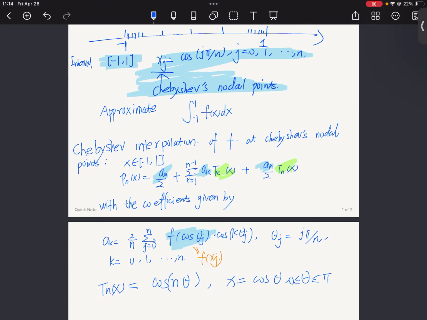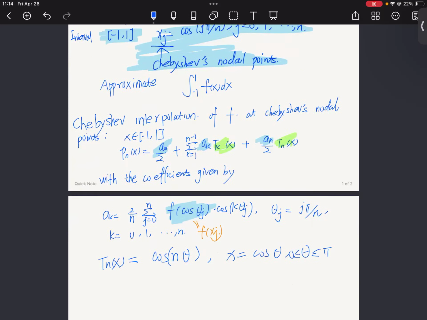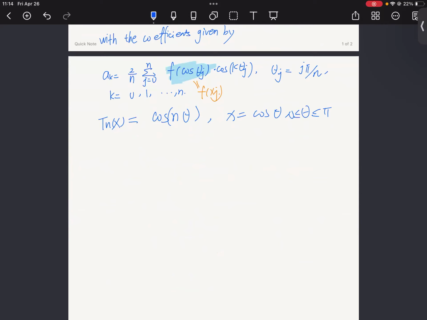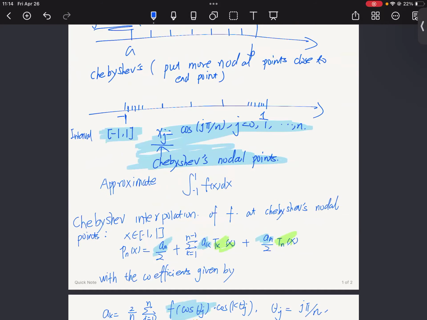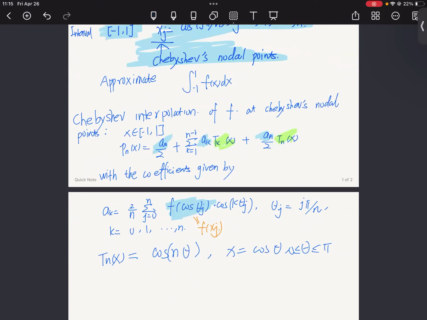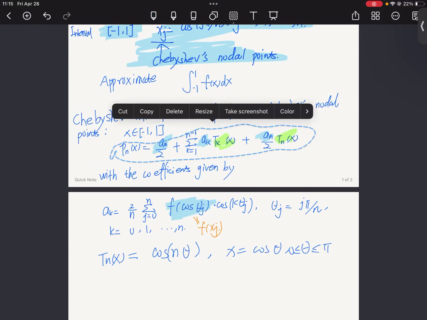So let's copy down what we have in this function. This is the interpolation of f.